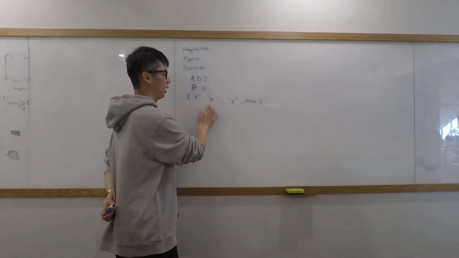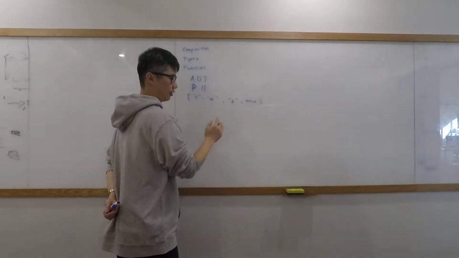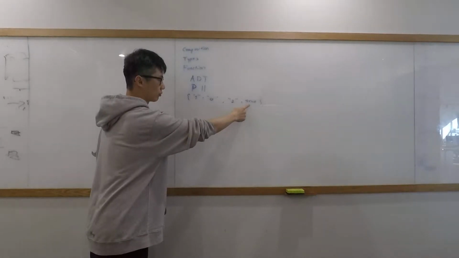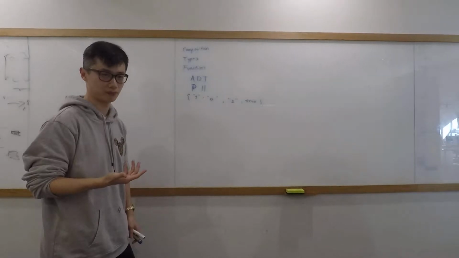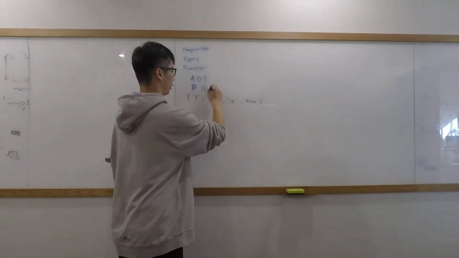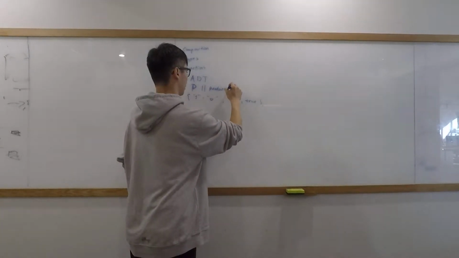So they're tagged by those two things, and this is a string, this is a boolean. So essentially, this is a product type between boolean and string.